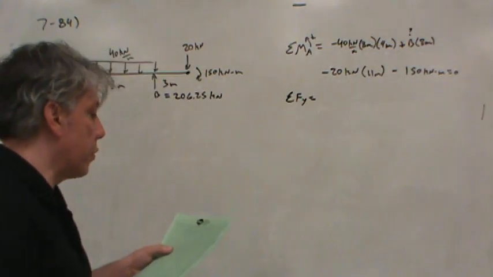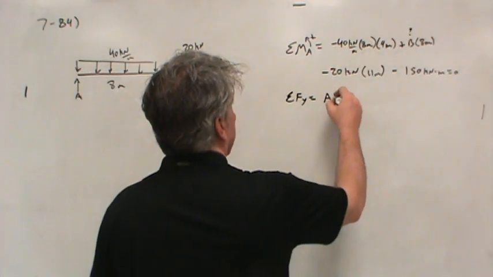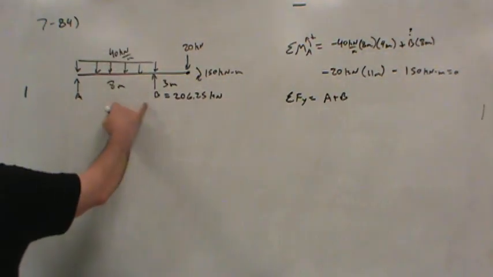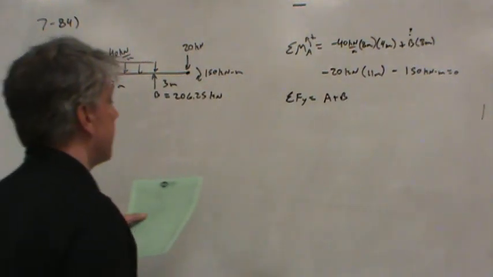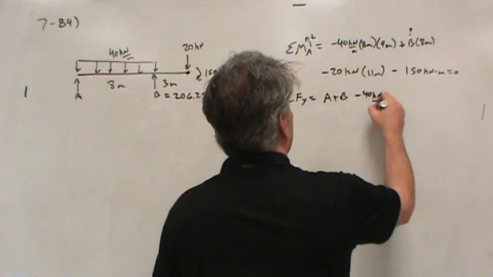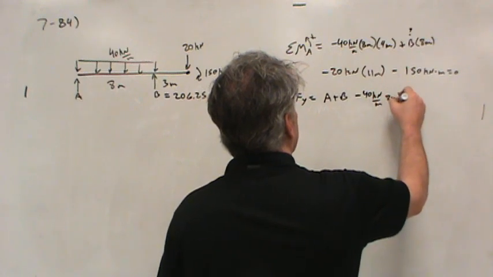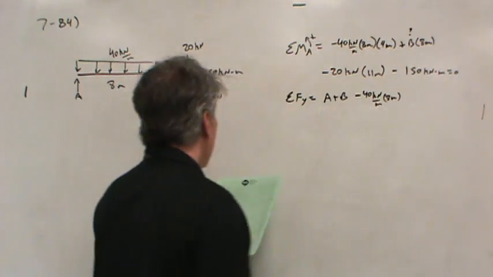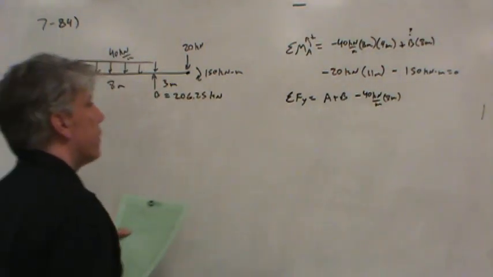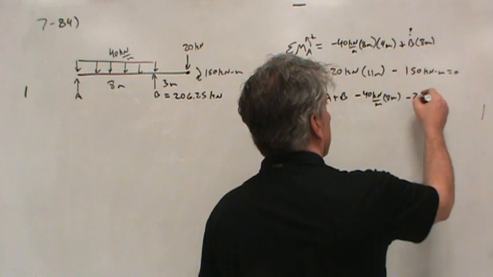When we sum forces in the y direction, that will allow us to find the reaction at A. I'll write them so far as A and B because those two are the only ones acting upward. And then the 40 kilonewton per meter for 8 meters distributed load will give us the magnitude of the resultant of that distributed load. And then finally we have minus 20 kilonewtons.